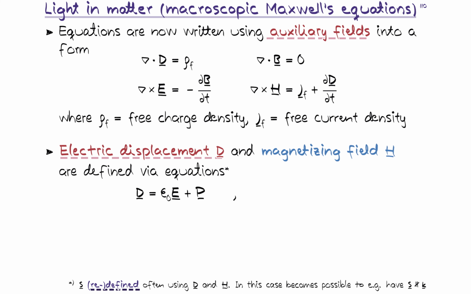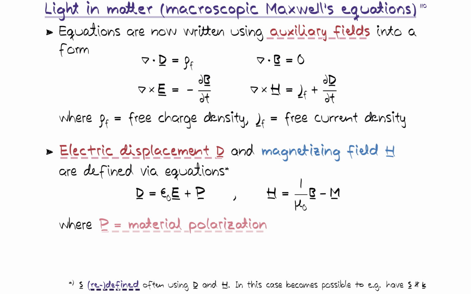And similarly for the magnetizing field H, that is being written that it's 1 over mu naught, so the vacuum permeability, times B field, magnetic field, minus M, and this is the magnetization. So P is the material polarization and M is the magnetization.